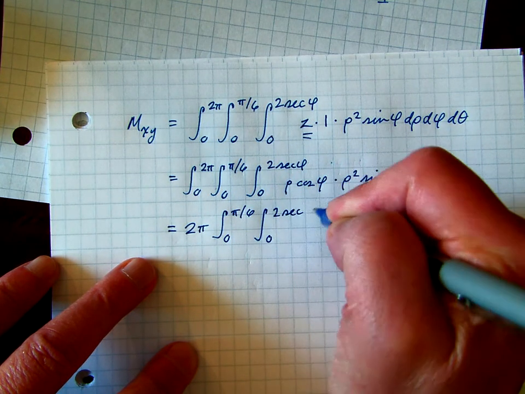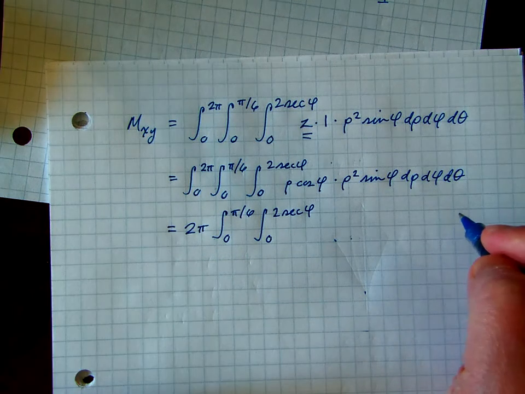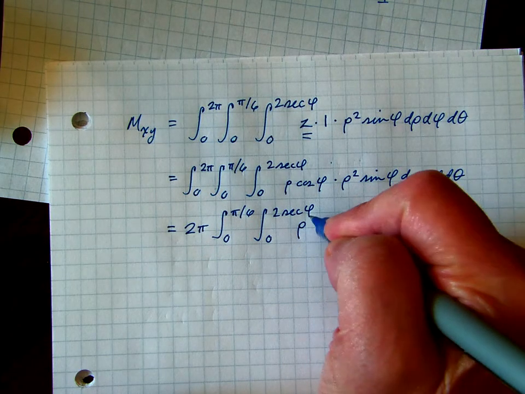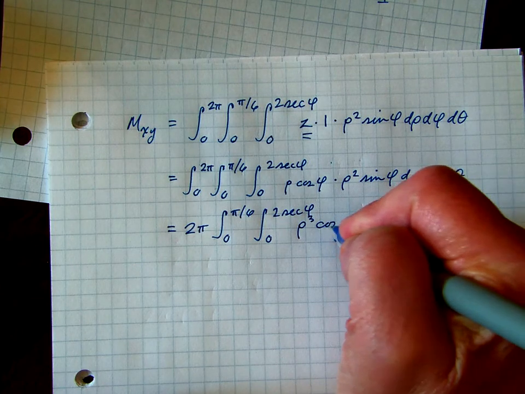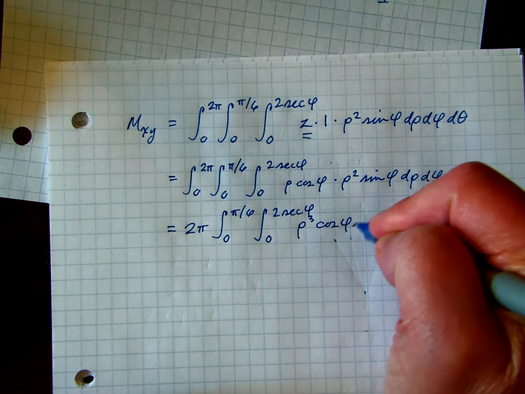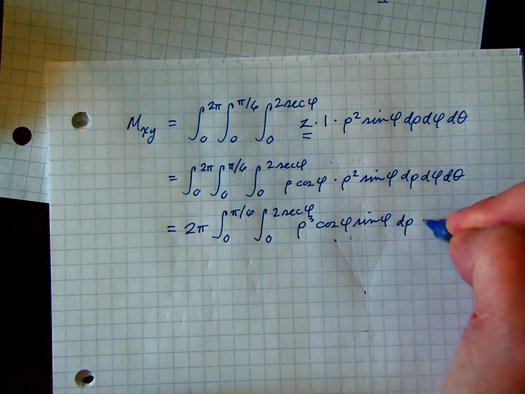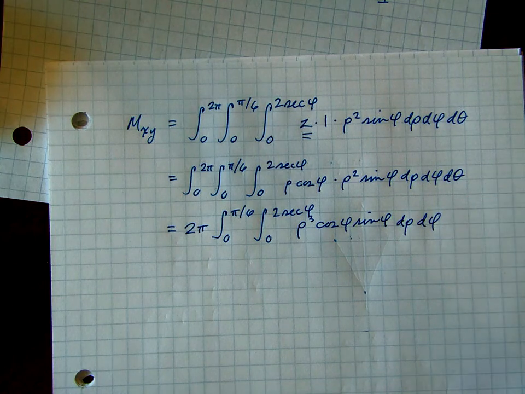Ordinarily, you're not supposed to integrate from the outside in. It's supposed to be from the inside out. Let's see, this is rho cubed. We have cosine. We have sine. And we haven't done the integration with respect to rho or with respect to phi. So let's take care of that.